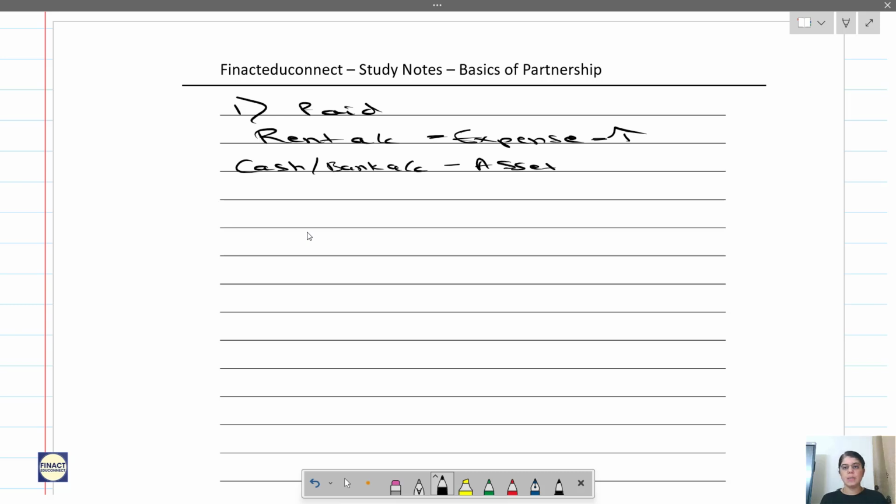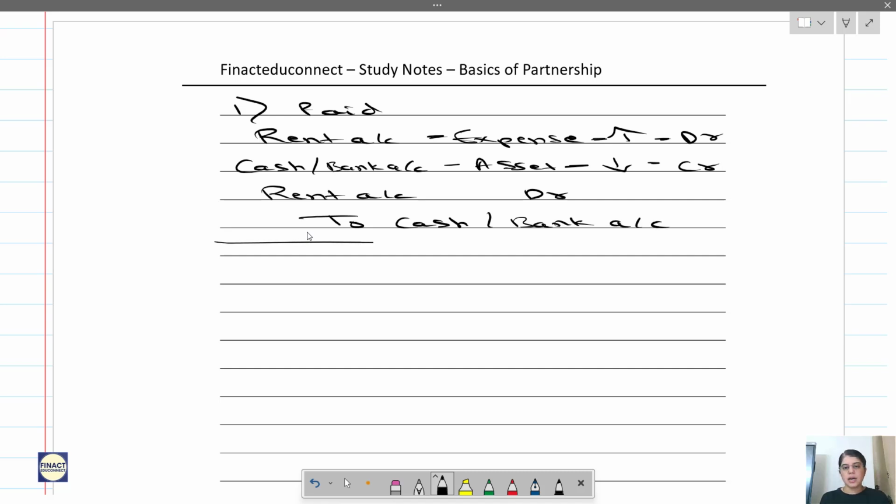So we will debit it. Cash and bank is an asset, a decrease in the balance because rent is paid, so credit it. So the journal entry will be rent account debit to cash or bank account. Did you understand this? Any doubts here?